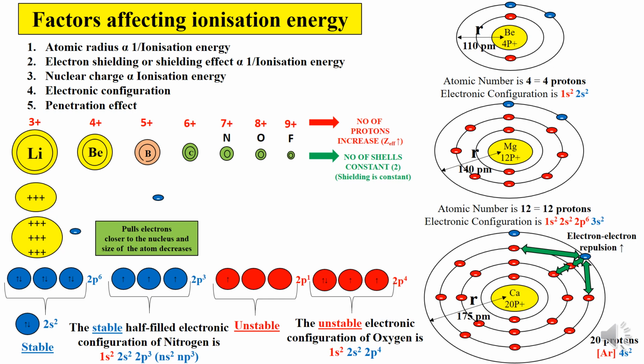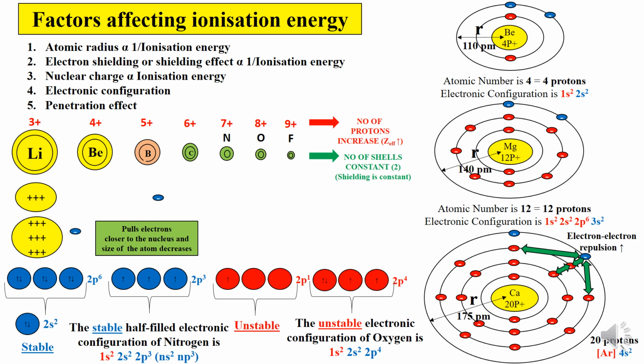So it is logical that it will be very difficult to remove the electrons from fluorine because of the magnitude of the positive charge. But it will be easier to remove the electrons in the case of lithium atom because the magnitude of positive charge is less. So it is the magnitude of positive charge which governs the ionization energy.